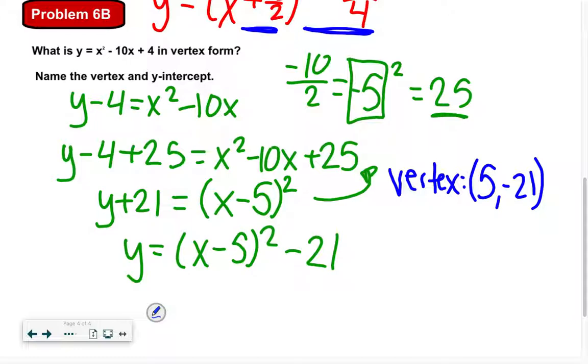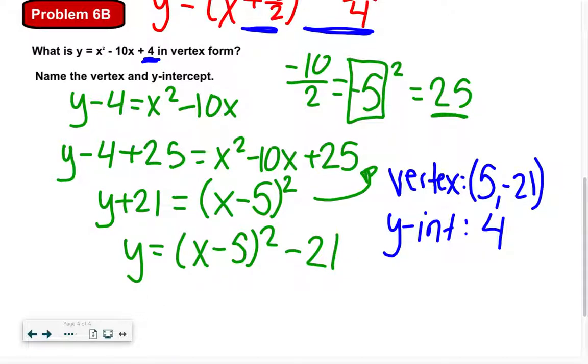The inside one is always opposite. So like the 5, when it's negative, goes right. Because that's just what our standard form is. The outside the parentheses is normal what you would. Okay, last one, y-intercept is what? Plug 0 in here, or just look at the last number and we get 4.